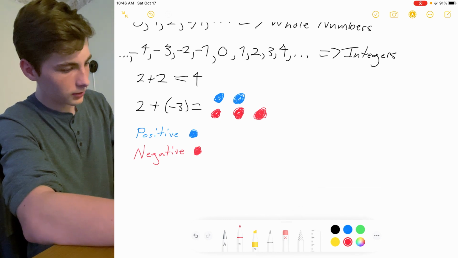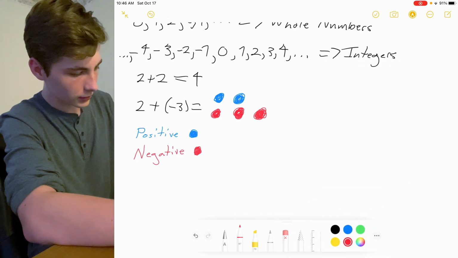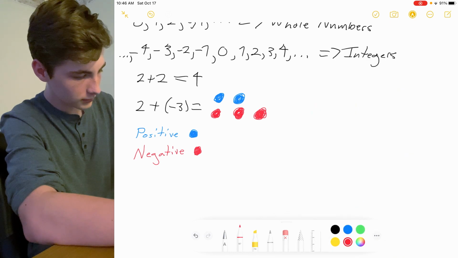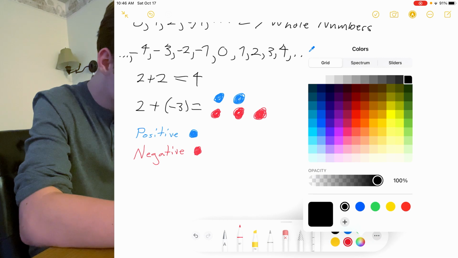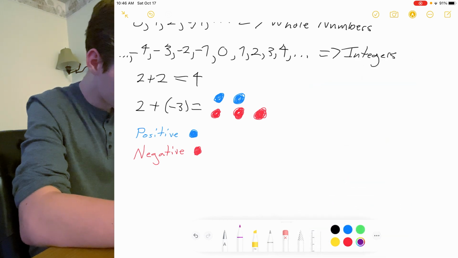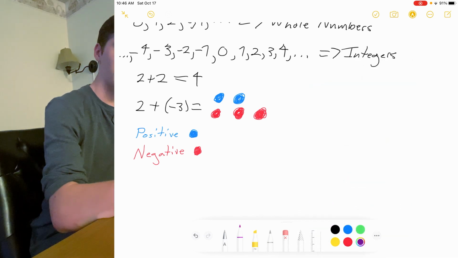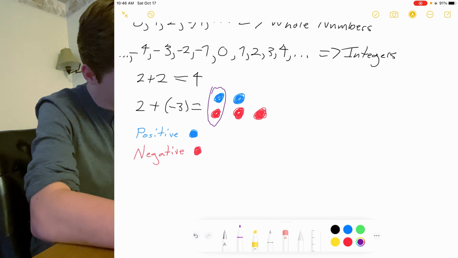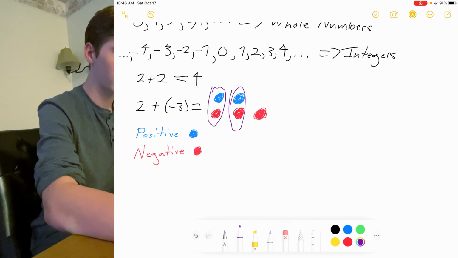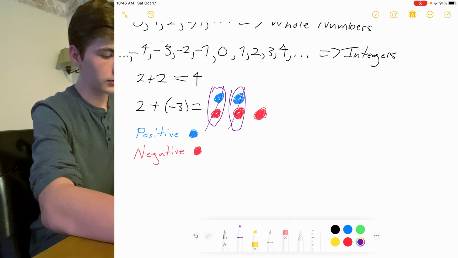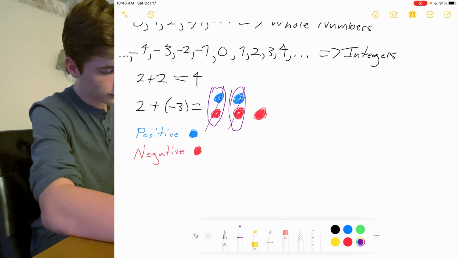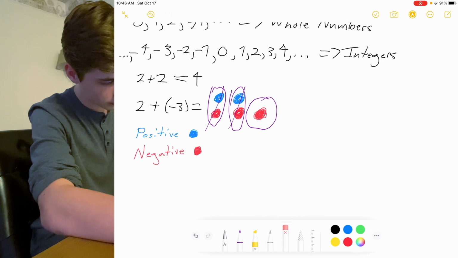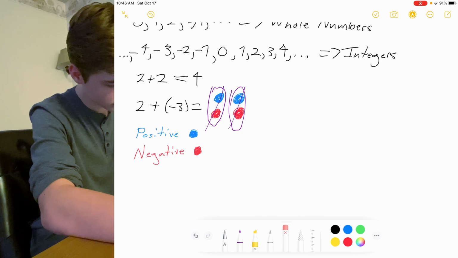When we get these pairs of a positive and a negative, those will cancel each other out. So those go away, and whatever we're left with right here, let me not do that in purple. Oops.